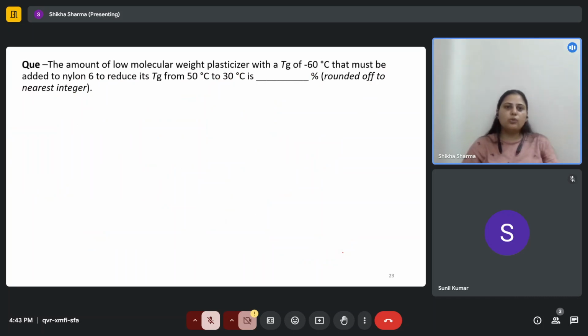The amount of low molecular weight plasticizer with a Tg of minus 60 degree Celsius that must be added to nylon 6 to reduce its Tg from 50 degree to 30 degree Celsius.